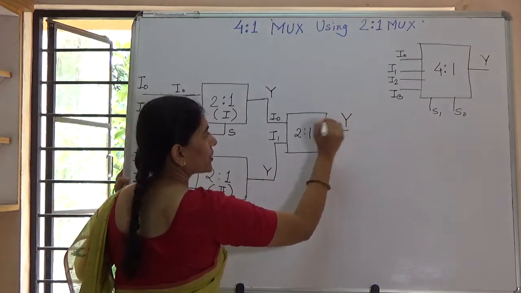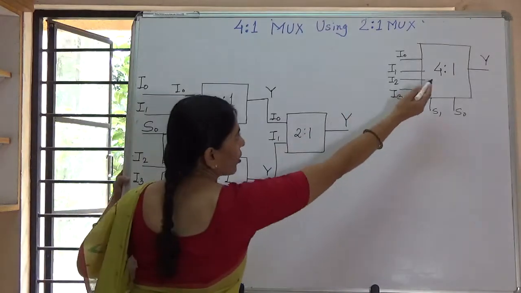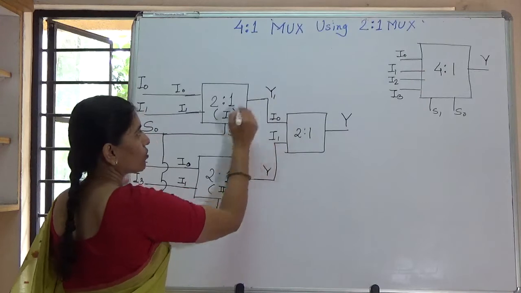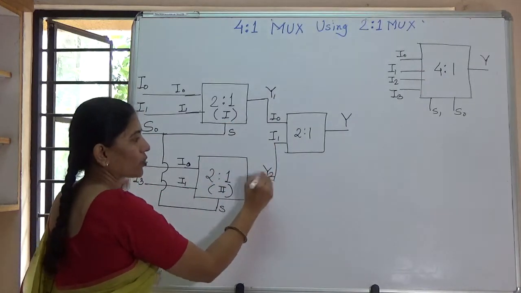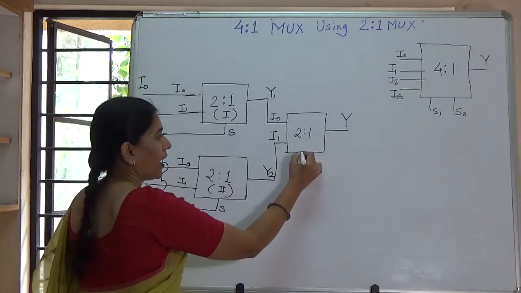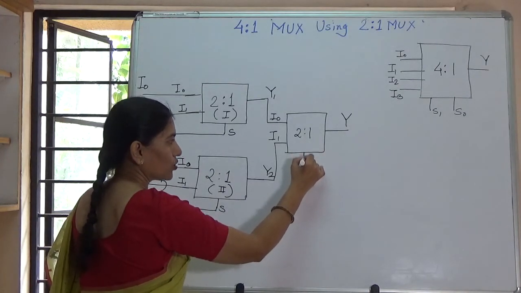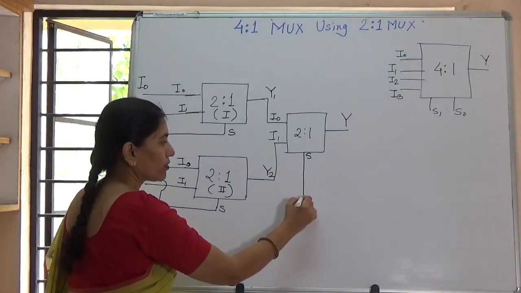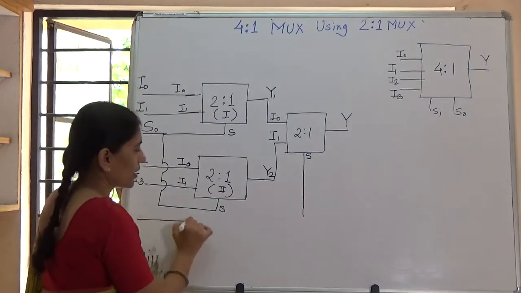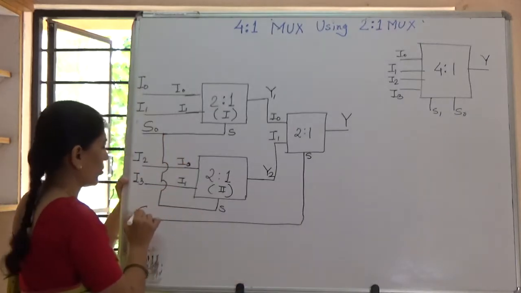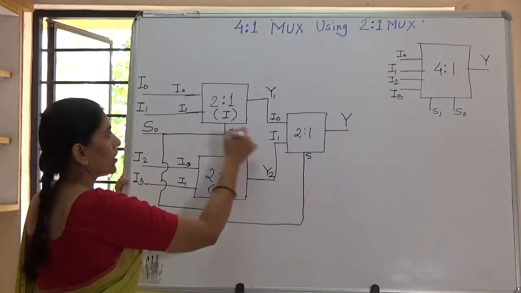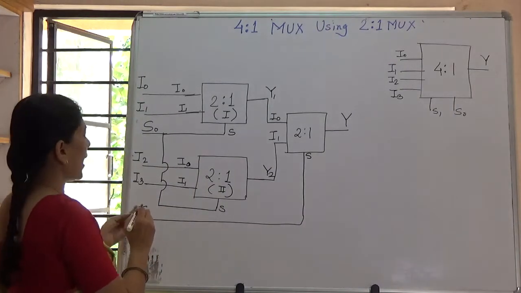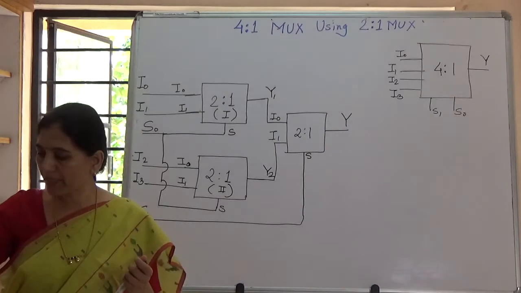And the output of this is the final Y for the 4:1 multiplexer. So let us call this the I1 output for the first and this the I2 output for the second. And this third 2:1 multiplexer will also have one select line, and now this is brought out as the S1 line for the 4:1 multiplexer.